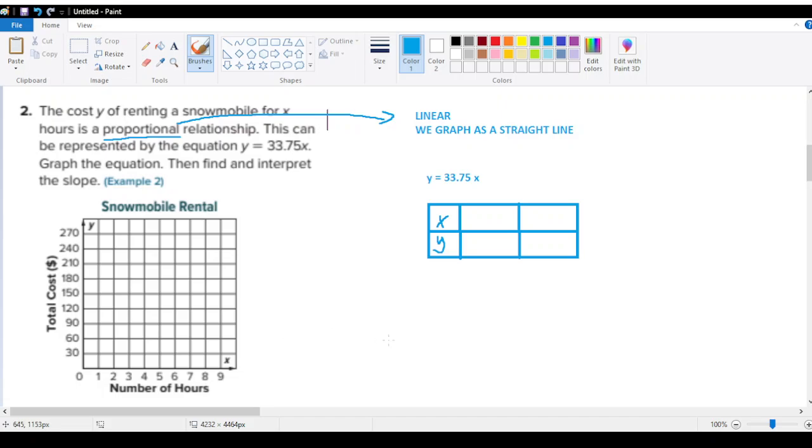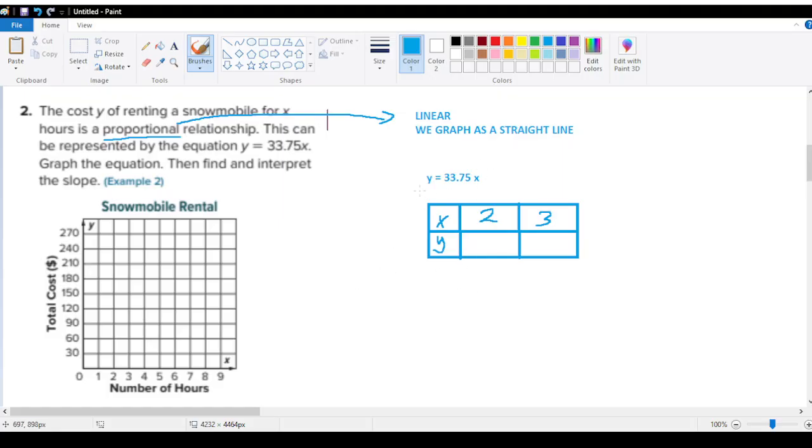Let's choose, give me any value for x. Okay, 3, 2 and 3. These values of x will be replaced in the equation.